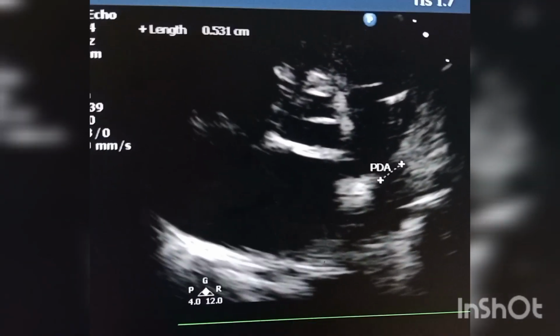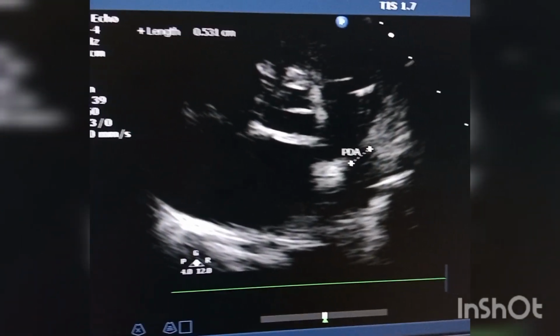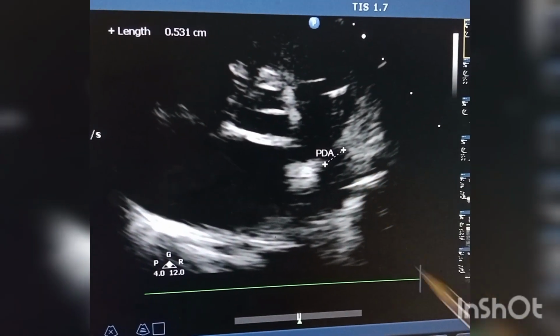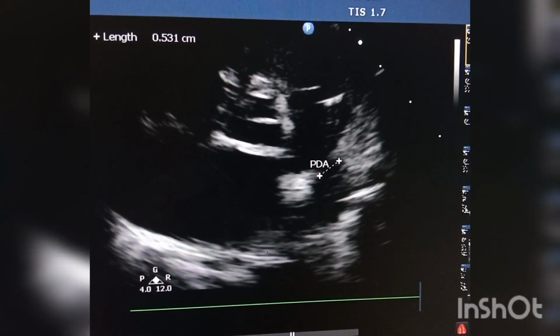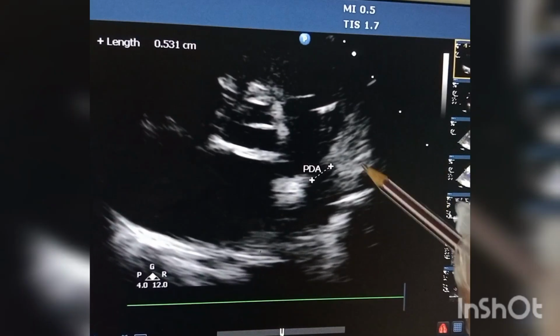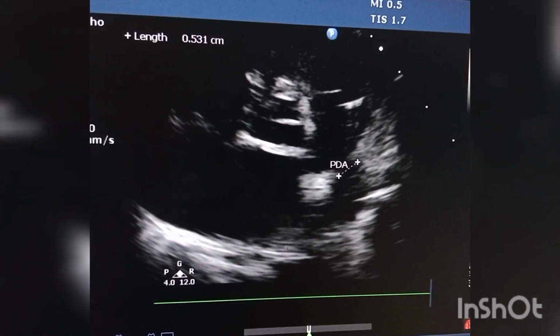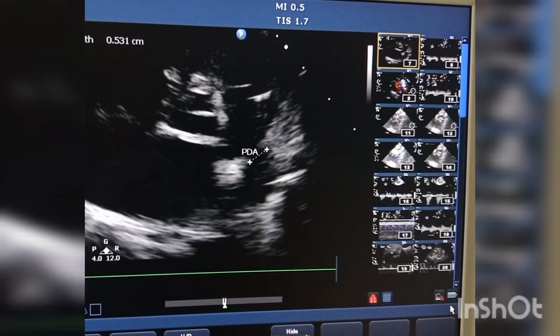I would like to measure the ductus. See, I freeze the image, and you can see the ductus. The ductus diameter is around 5.3 millimeter. You can see that, and it is huge. Anything more than 1.5 centimeter, it's huge.